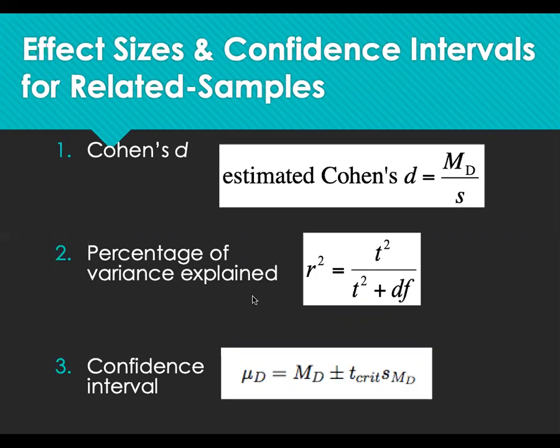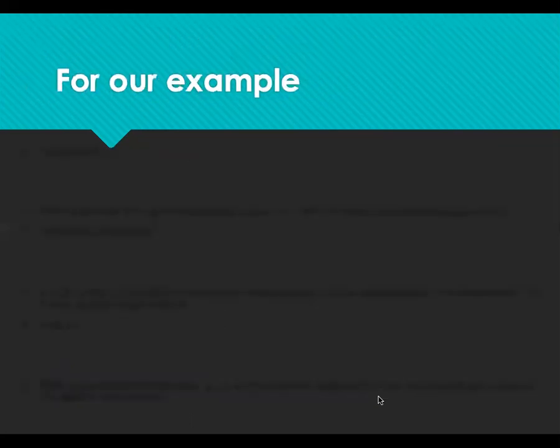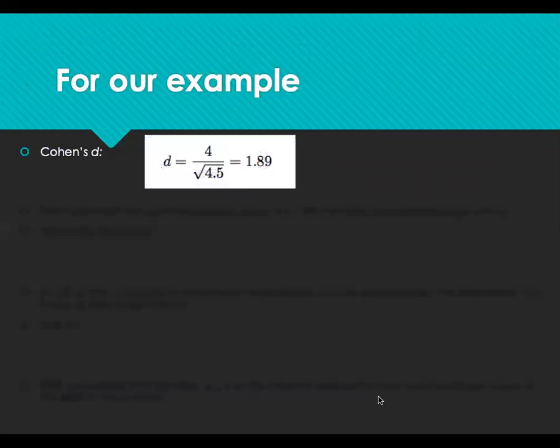Percentage of variance explained, or R squared, is t squared over t squared plus degrees of freedom. And then to compute confidence intervals, you take the mean difference plus or minus T critical times standard error. So same formulas here for our example.